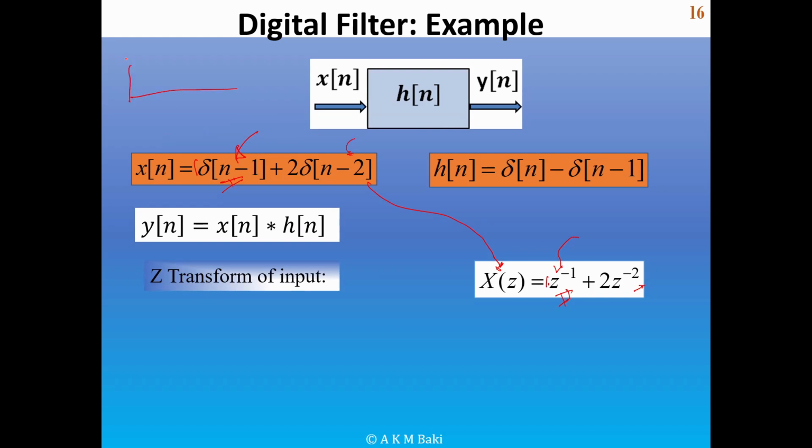From the very beginning at sampling instant 0 the amplitude should be 1, and these are the delayed versions of delta functions given there. In this case the amplitude is just double, so that is why 2 is considered here.